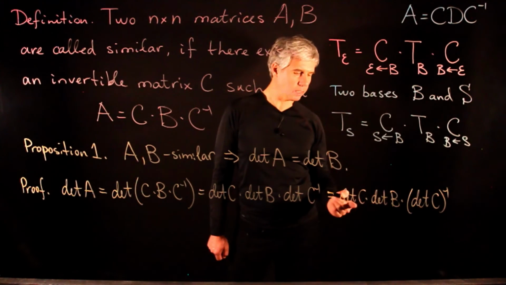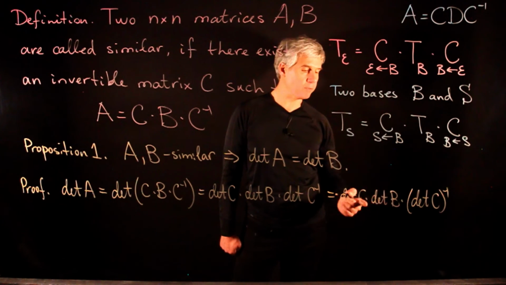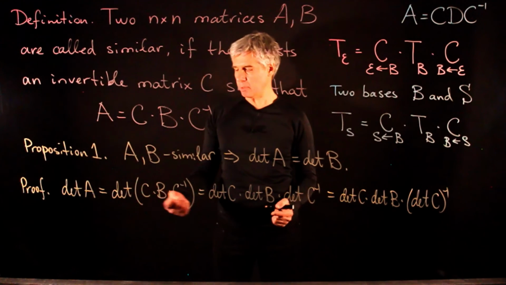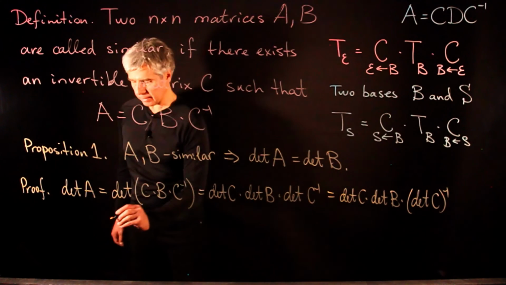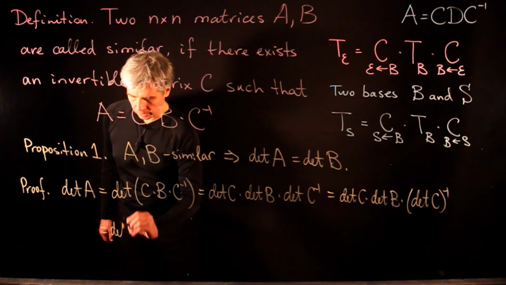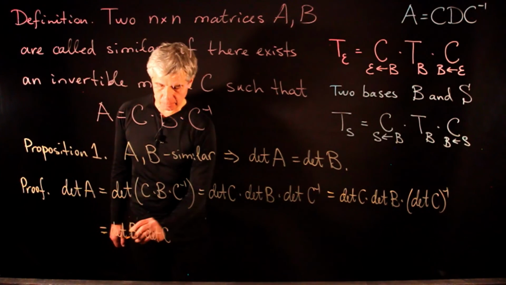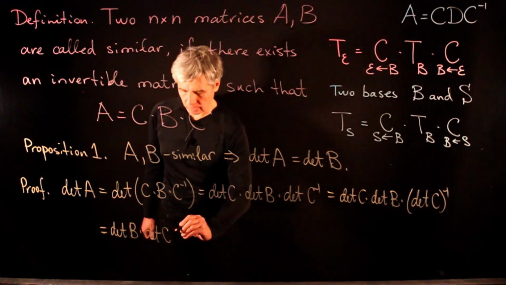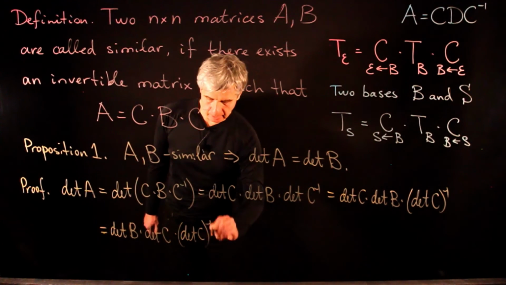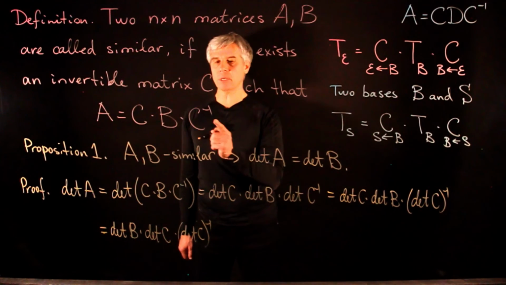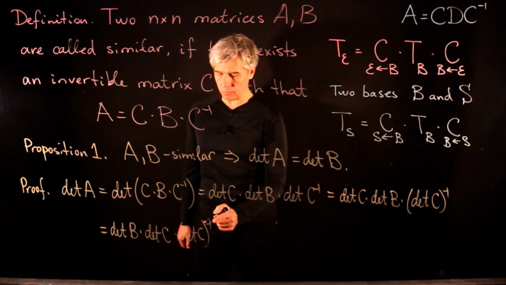Now this product is no longer a product of matrices, but a product of elements in the field. And whereas matrices did not commute, elements of a field do commute. So this is equal to determinant of B times determinant of C, by commutativity of multiplication in the field, times the inverse of determinant of C. Since the matrix C is invertible, its determinant is non-zero, so this inverse exists.